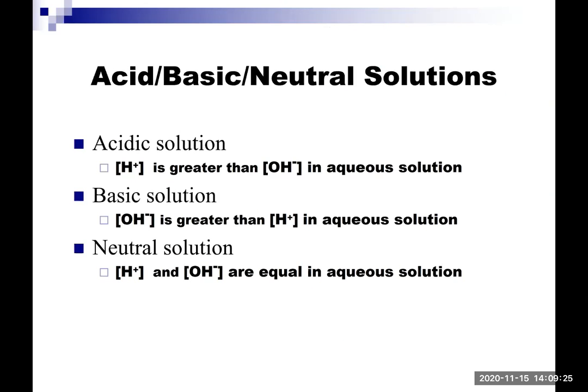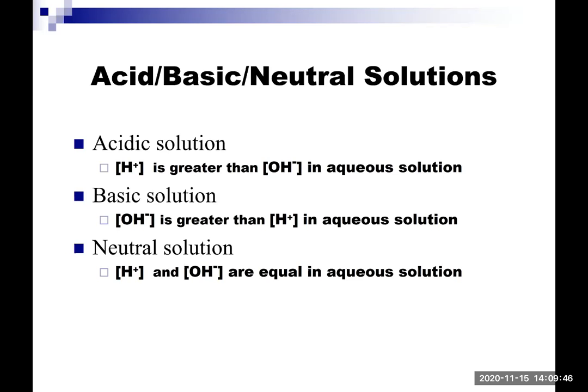You can also characterize acid, base, and neutral solutions by the concentration of H plus and OH minus in another qualitative way, by determining whether a solution is acidic, basic, or neutral because of the concentration of H plus or the concentration of OH minus.